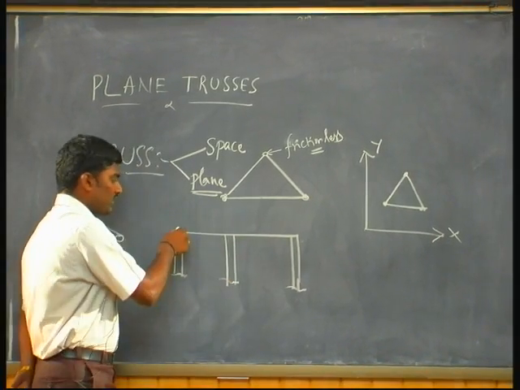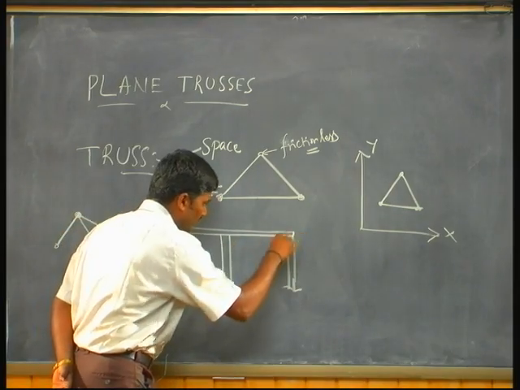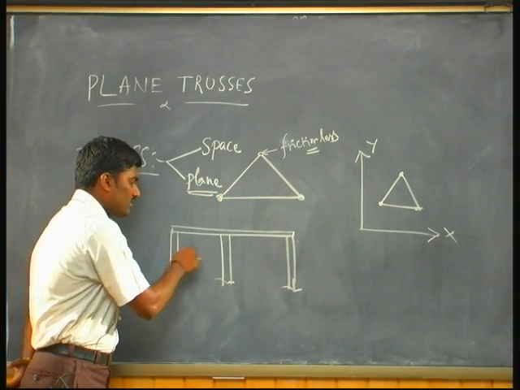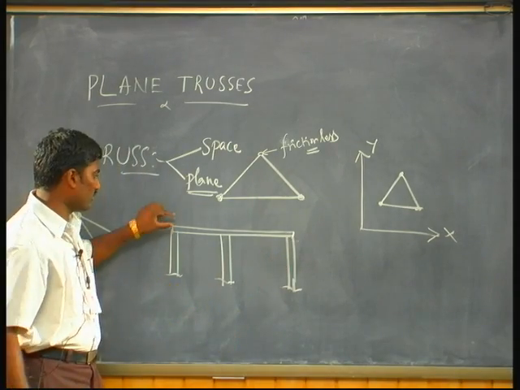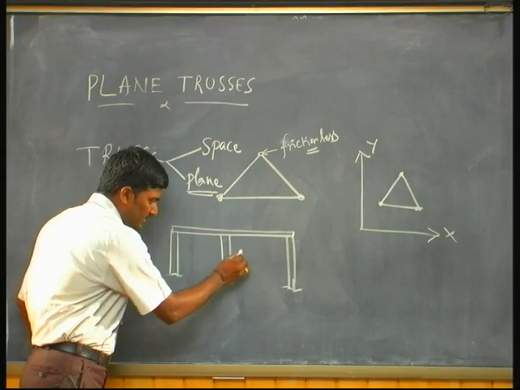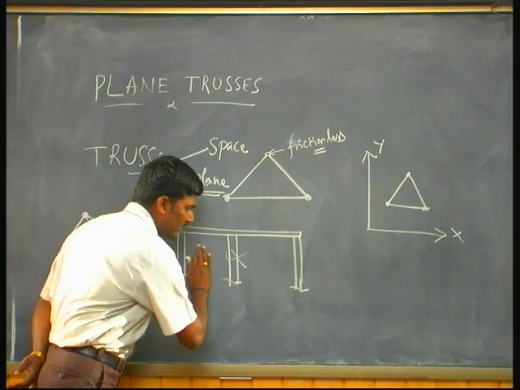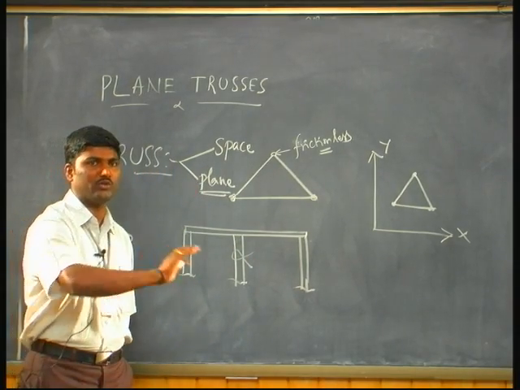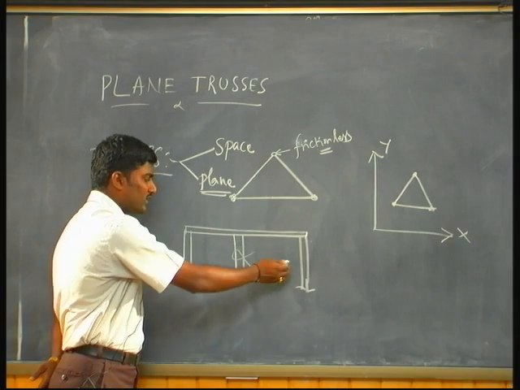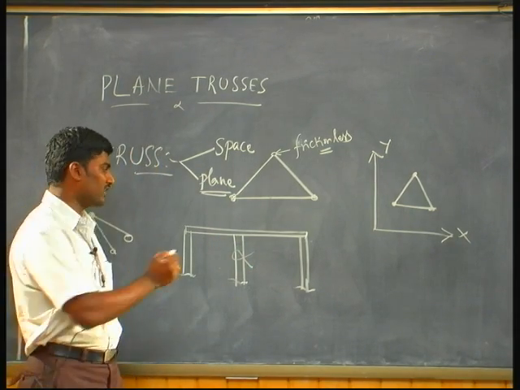I have 3 columns, and I have a slab or a beam over it. Okay. So, these are the 3 columns over which there is a beam. If I do not want this column to be placed here, I want to have a free space here, and I want to use this space completely. I do not want to obstruct this space by a column, so I want to remove that column.